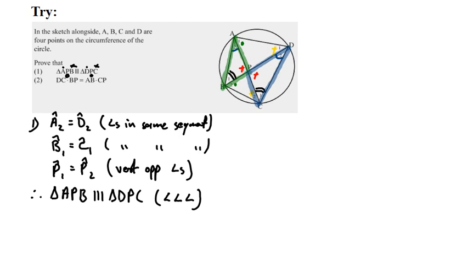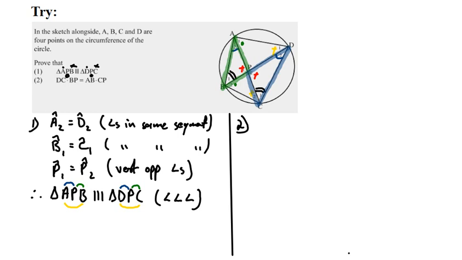And then we said, as a result of part one, so as a result of similarity, because we have proven that the two triangles are similar, the following is implied, or this is the result. Well, let's write it down. AP over DP must be equal to PB over PC, and this must be equal to AB over DC. That's what we said.